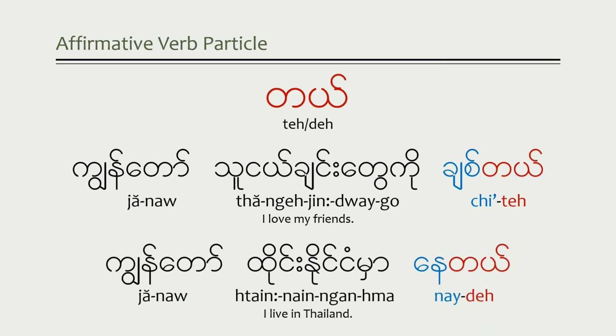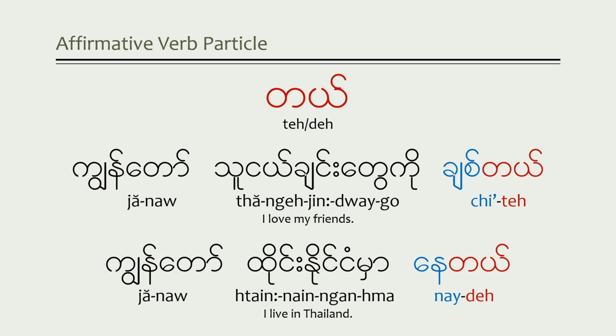The second, I live in Thailand. So that should seem fairly straightforward. The verb particle follows immediately after the verb here at the end of the sentence. And what we're basically saying is, this is so. I live in Thailand. This is so. I love my friends. This is so.